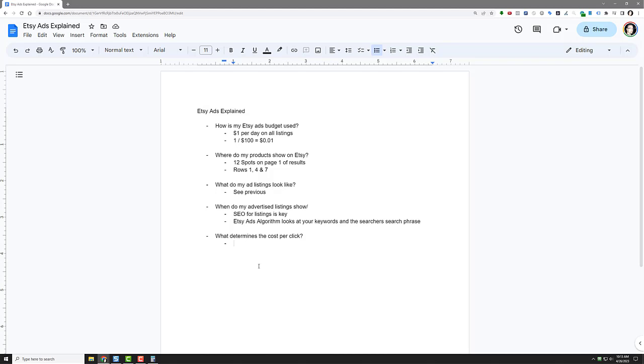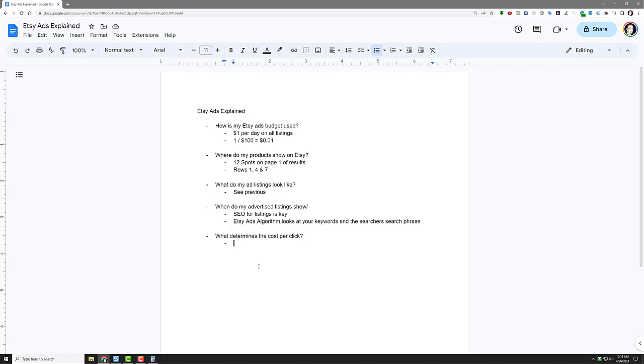So basically, nobody knows this for sure, but Etsy sets a bid amount for each listing. And they have data on everything, right? On everybody. So if the algorithm determines that a buyer is very likely to purchase an expensive listing, the bid will be higher to ensure your ad shows. But if it's a lower price listing, like say digital products or digital downloads that are under $2, then your cost per click is going to be a lot lower too.